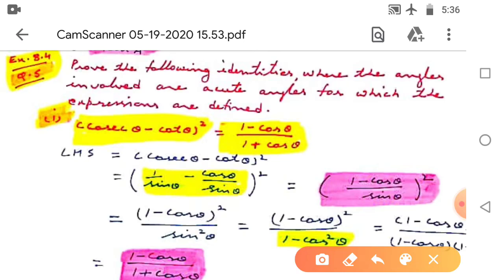Prove the following identities where the angles involved are acute angles for which the expression is defined. First part, cosec theta minus cot theta whole square is equal to 1 minus cos theta upon 1 plus cos theta. We need to prove that.